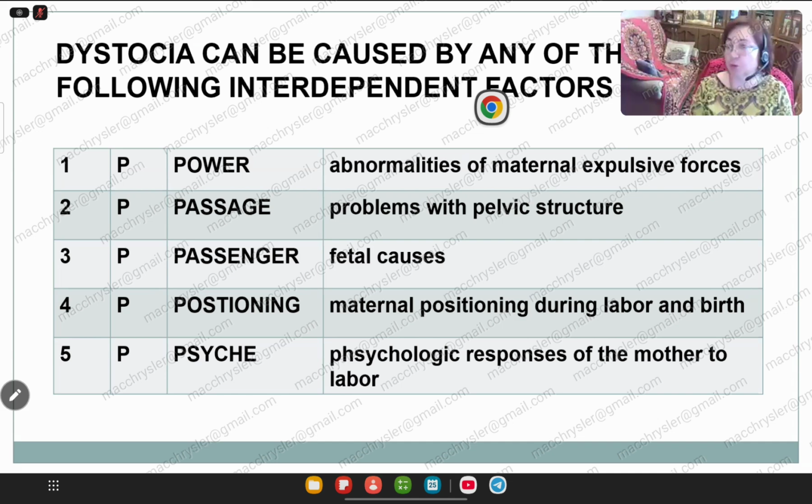Passenger is the fetal cause, and as I already told, it probably can be big, or have big shoulders, or be disproportionately big, or symmetrically big. Another possibility is that the size of the fetus is normal, but it is in malpresentation, when the fetal head is extended and the diameter by which the fetal head is delivered is bigger than normal.